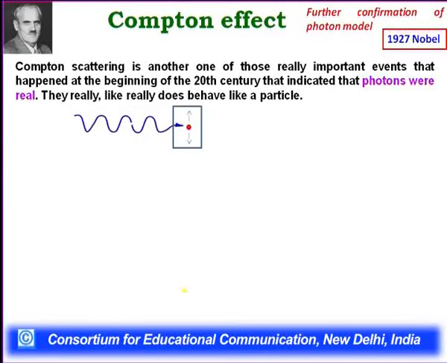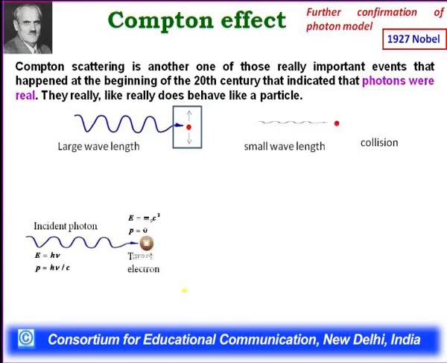Now the Compton effect, which is used for the confirmation of the photon model. In 1927, Compton defined the Compton effect, where Compton scattering is one of the important events indicating that photons are real and really behave like particles. Here in the diagram, a large wavelength falls upon a metal, a small wavelength emerges, and collision takes place.